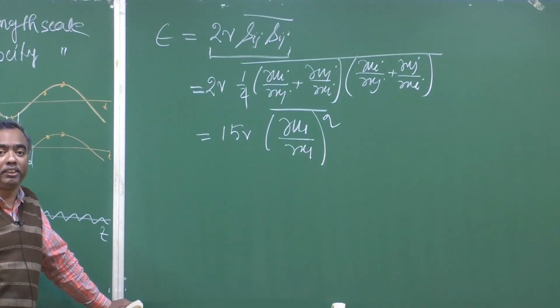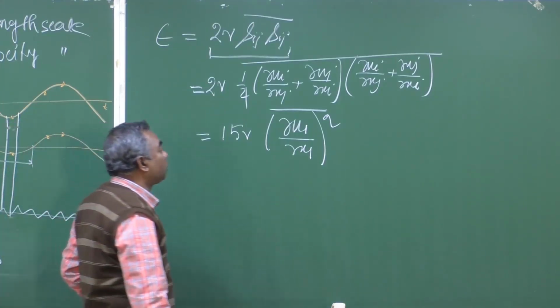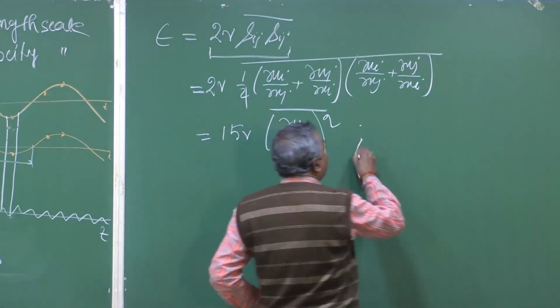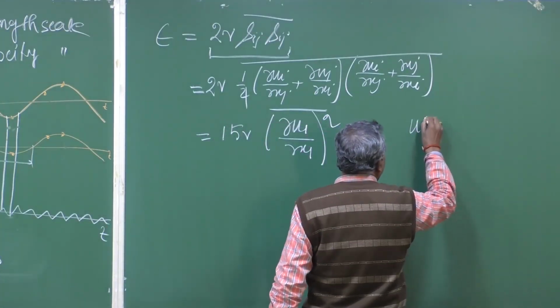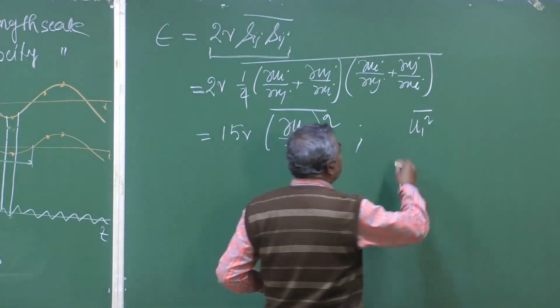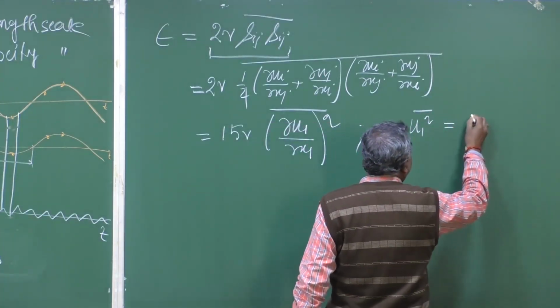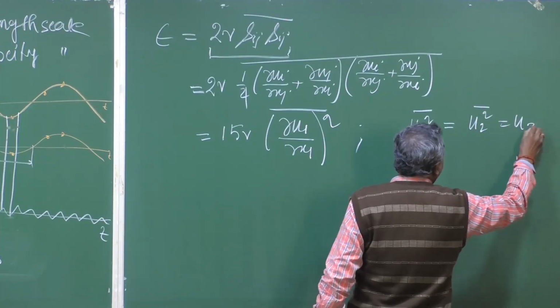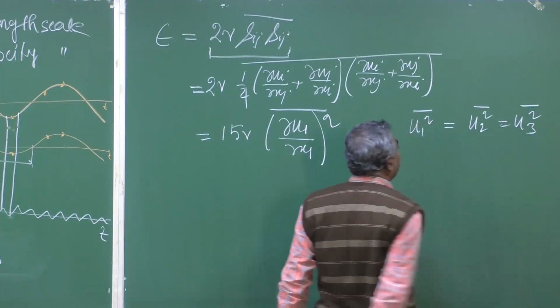Okay. Isotropic means, as I said, that it does not depend on the orientation of the coordinate axes. So, in that case, u1 square is equal to u2 square equals u3 square, right.